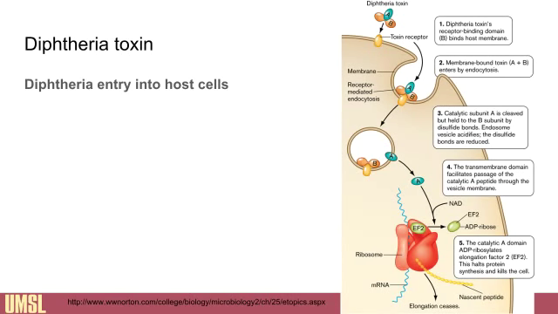And the net result is that this B subunit also facilitates egress or exit of this active domain into the host cytoplasm. So once in the cytoplasm, where are a couple of places that you would find ribosomes in a eukaryotic cell? Cytoplasm and ER. Okay, yep. So the cytoplasm and the endoplasmic reticulum.